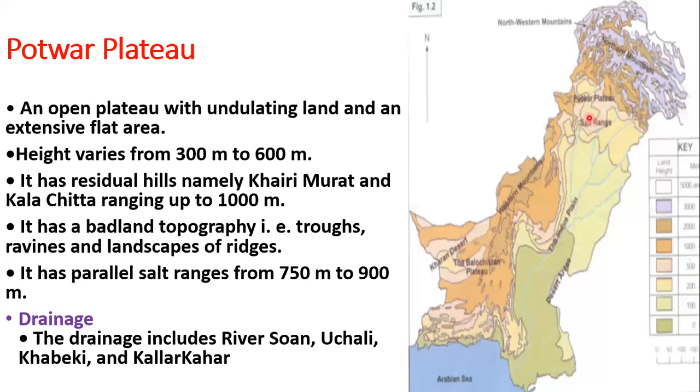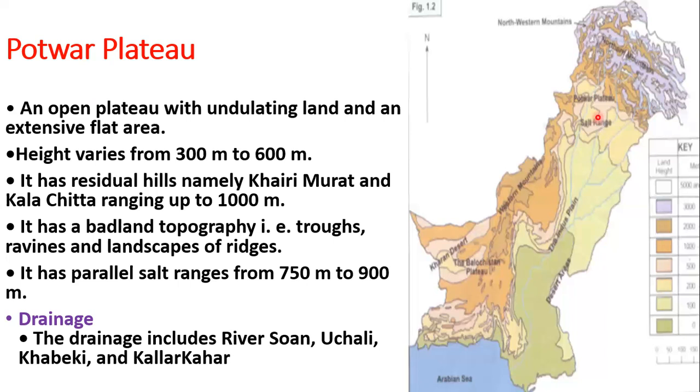This area, named Rawalpindi, Islamabad, Jhelum, Chakwal, I mean the area between the Indus and the Chenab region, is called Potwar, and it has a specific culture.